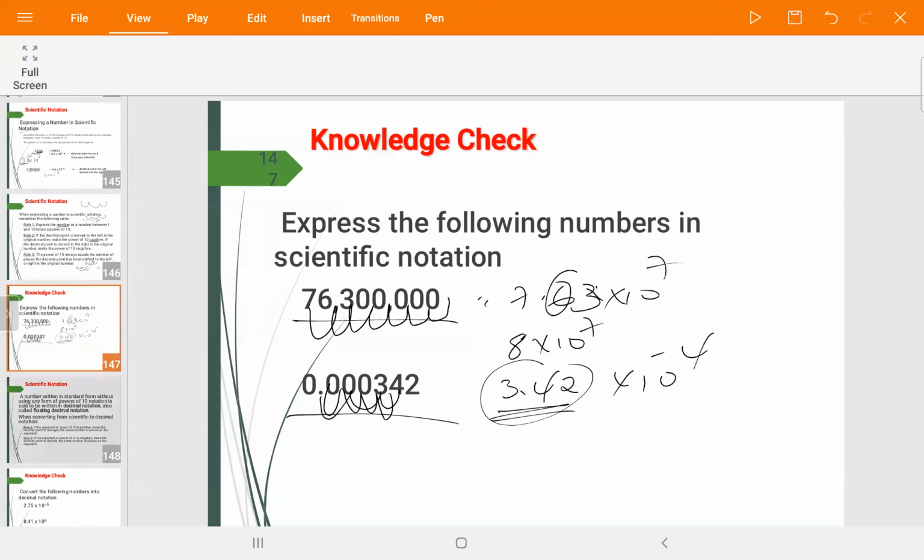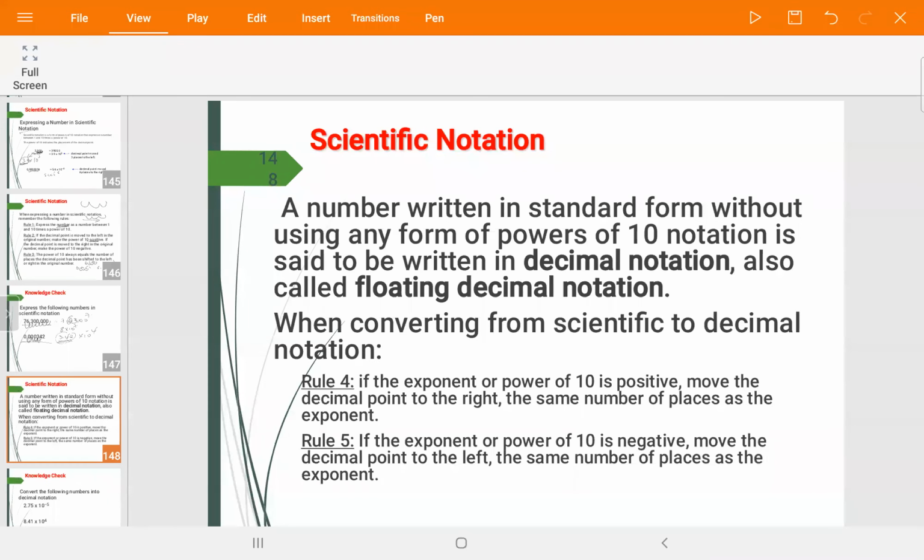Now, if you have a number expressed in scientific notation, we can write it in decimal or standard form. For example, if I gave you 6.3 times 10 to the power of minus 3, you can express this number written in scientific notation in decimal notation.